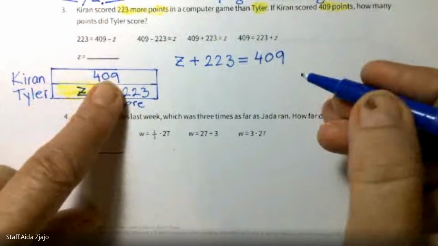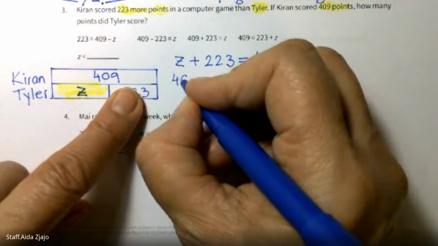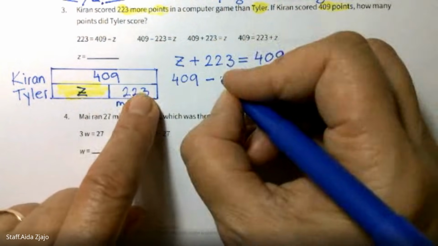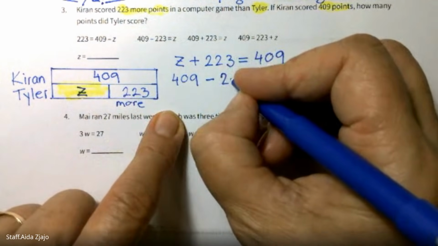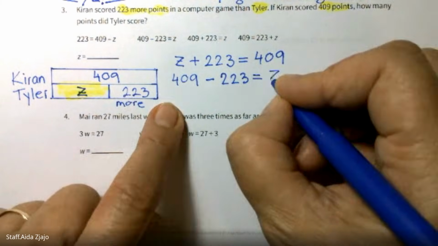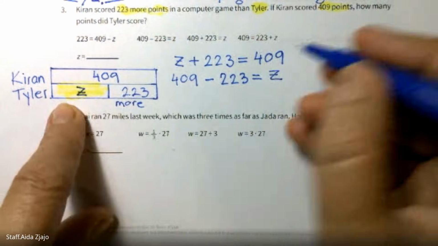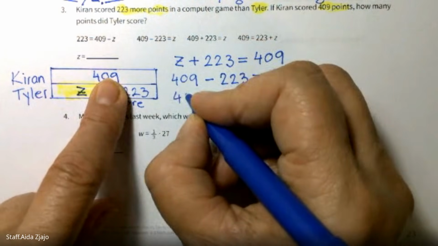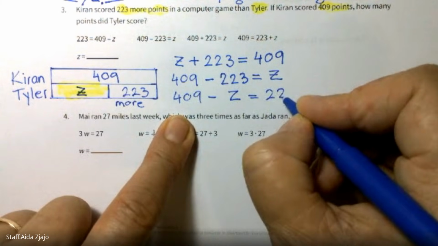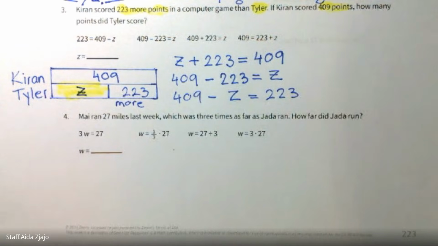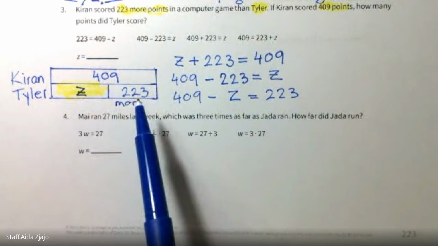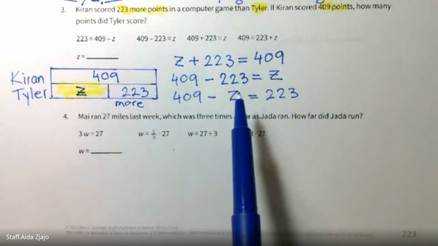We can also see that 409 minus Z must equal the difference. So these are all connected, the large amount, the small, and the difference, in order to create our equation.